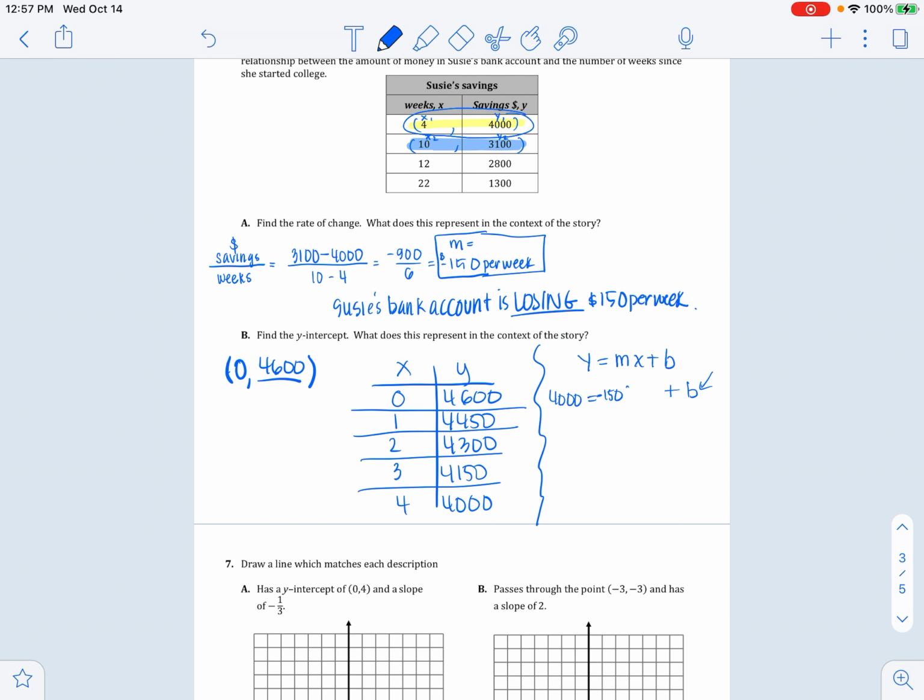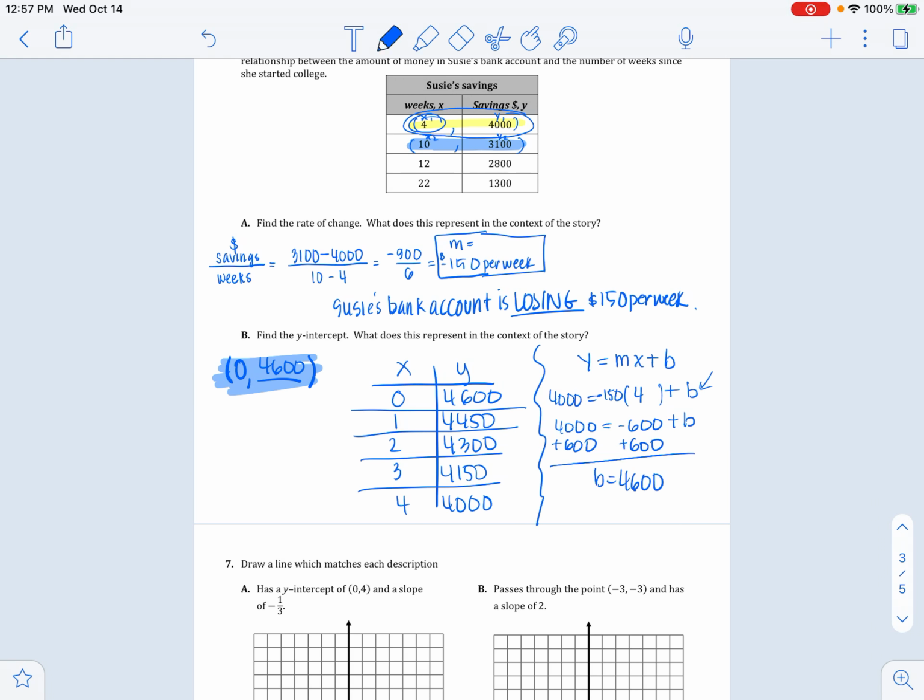And then I need my x value for that. So I'm going to use 4 because 4 goes with the 4,000. So now if I go to solve this, I do 4,000 equals negative 150 times 4, which is negative 600, plus b. And then you can add 600 to both sides and see that b is 4,600. Either one's fine.